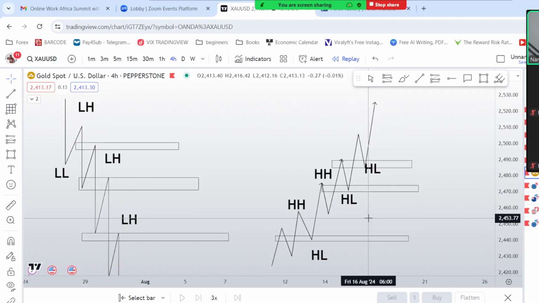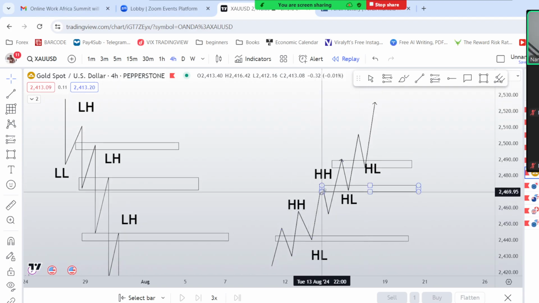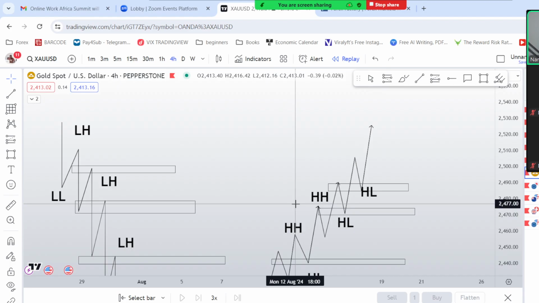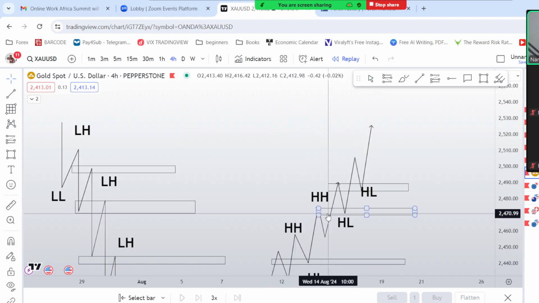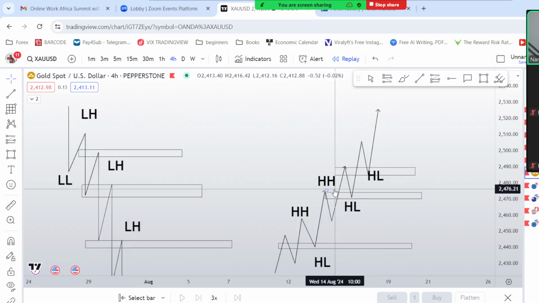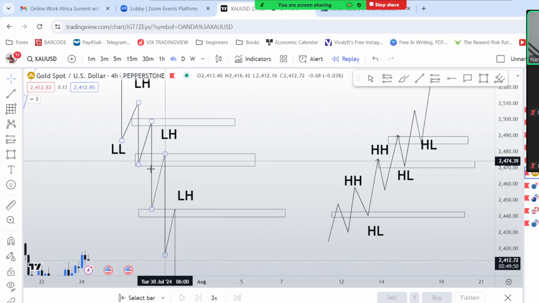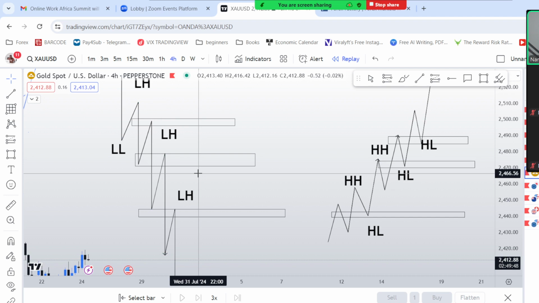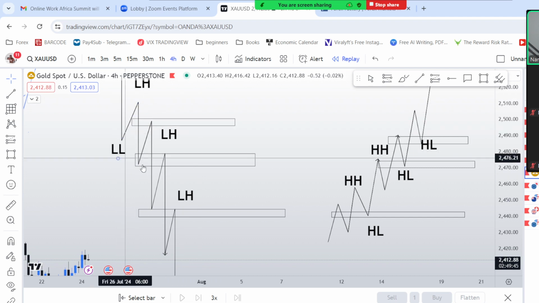So in an uptrend, I mostly look out for support levels because I'm expecting price to push up. So I'll be drawing support levels mainly around an uptrend, and I'll be drawing resistance levels mainly around a downtrend because I'm expecting price to fall.